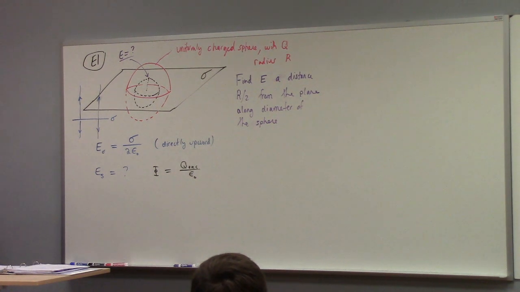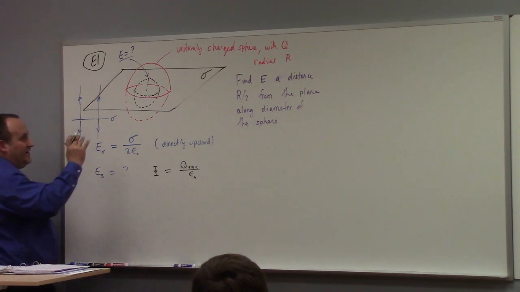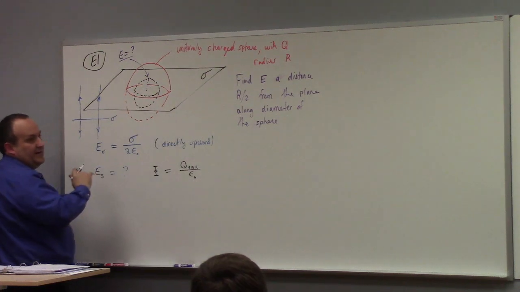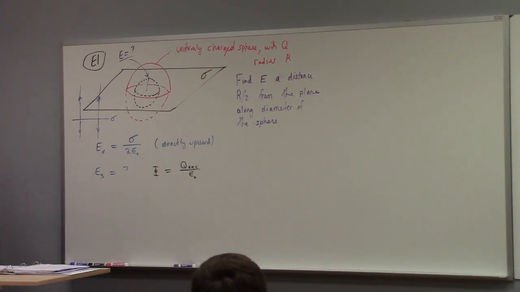That's not true for the whole electric field. If I also included the electric field from the plane charge, I wouldn't be able to make the symmetry argument. So in this current discussion I'm only talking about the charge on the sphere, disregarding the charge on the plane for the moment. So I'm dividing it into two pieces. This problem is two pieces, the plane part and the sphere part.